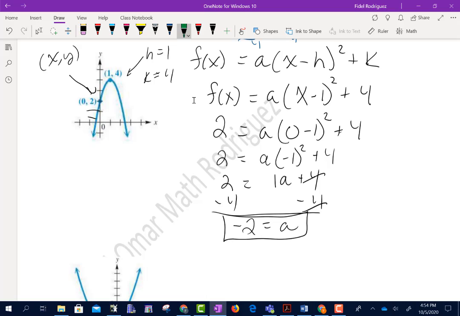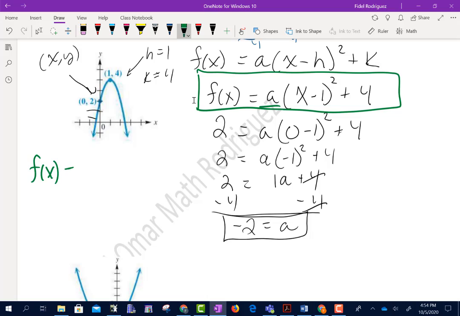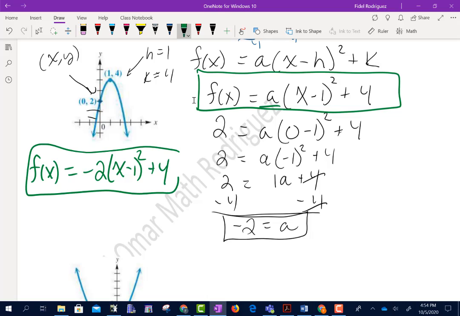So now let's go ahead and write out our equation. Remember, I'm going to use this form right here, just filling in my number A. f of x equals -2 (x minus 1) squared plus 4. Again, look at my A number. A ended up being negative, and our graph is opening downward. Okay.